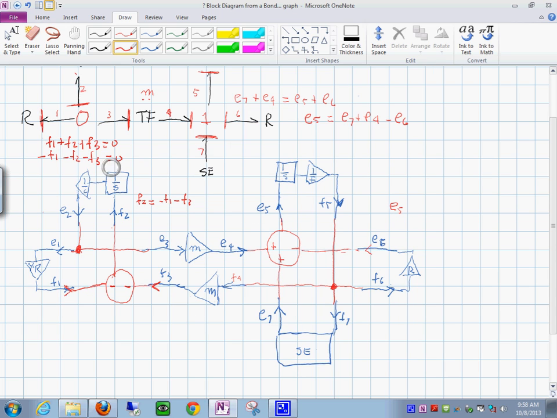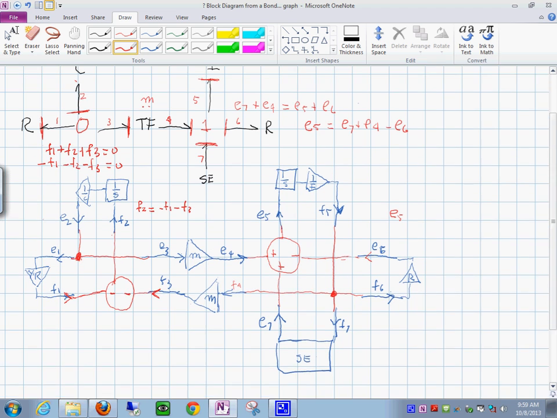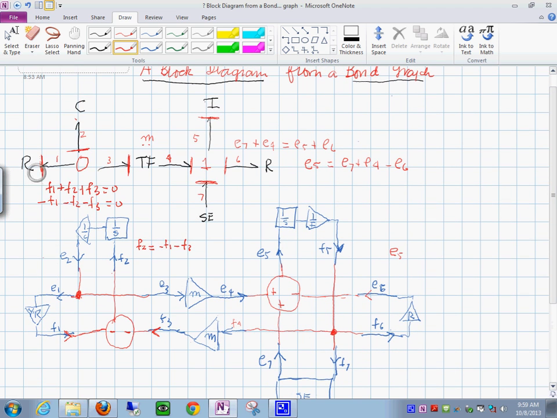I think we would be ready to go into Simulink to do this. And that is something that we should think about, how that is done. If you'd like to see that, I'll be happy to show you. But the most important thing, and what we wanted to get across in this short video, is how do you actually go from a bond graph model that you have in here to this block diagram.